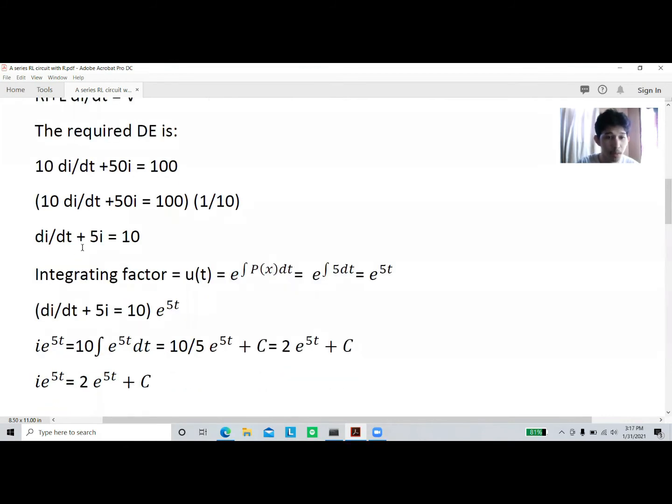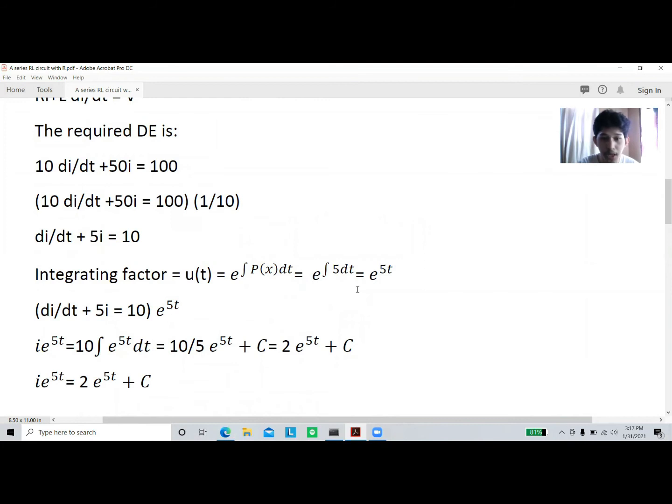So in this equation, the P of X can be obtained with the value of the coefficient, or the variable that is being multiplied to the dependent variable, which is I. So the P of X in this equation is 5.